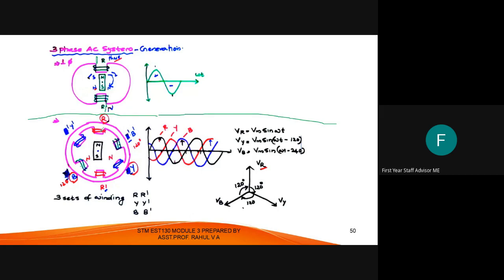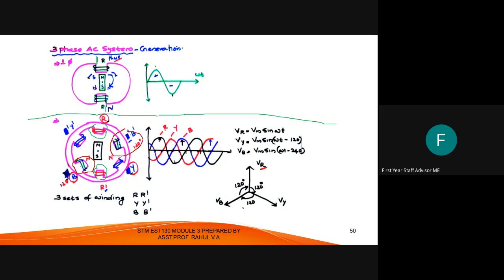But if you observe the second diagram, you can see that there are three such windings. This is the R winding, and this is R dash, the opposite end of that winding. Both together form a single winding. Then you can see B here and B dash here, that is the second winding.